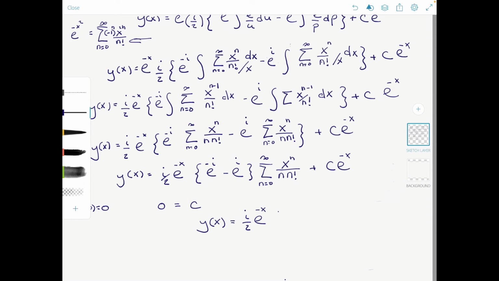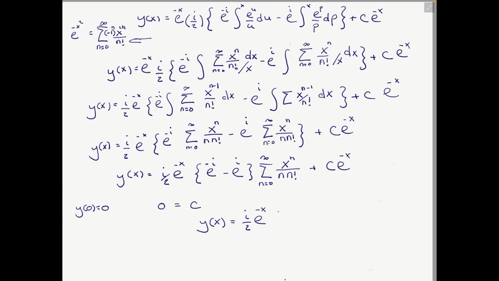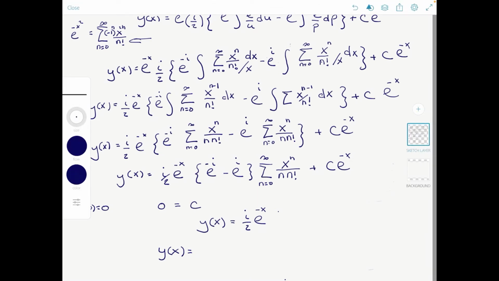So we've got this problem now solved with a final outcome. Y of x is equal to, I had it written up there.